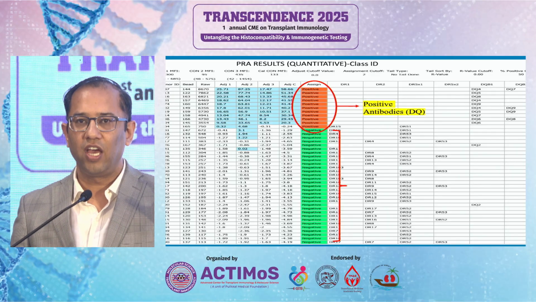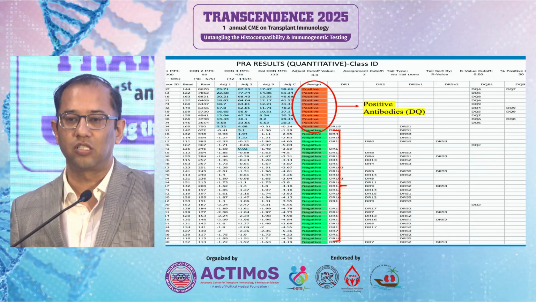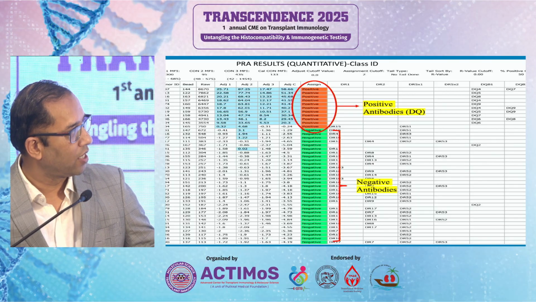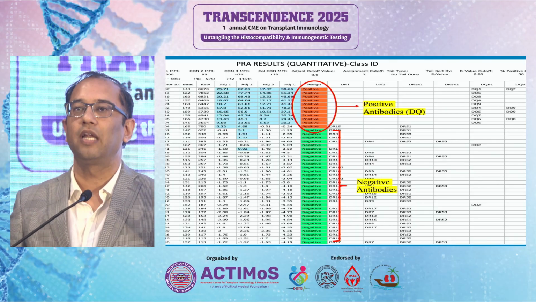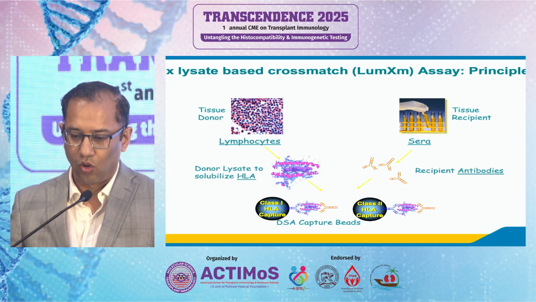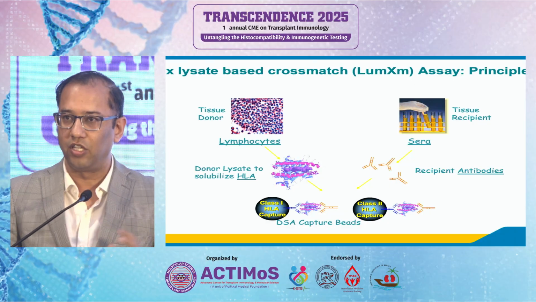So you have a fair idea of that. It also gives you a percentage. On the right hand column, it shows that 93% or 90% of this PRA is positive.